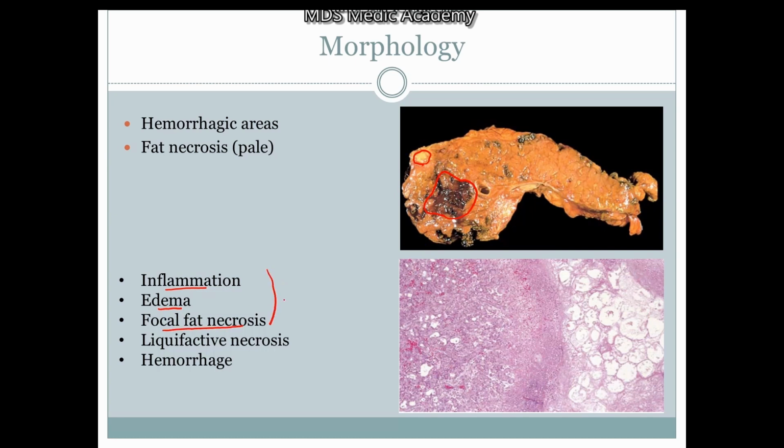All these components are present in the mild forms of acute pancreatitis. In the severe form of acute pancreatitis, there might also be liquefactive necrosis of the acinar cells as well as the islets. There are also hemorrhagic areas, which are due to the damage of blood vessels by the elastase enzyme.